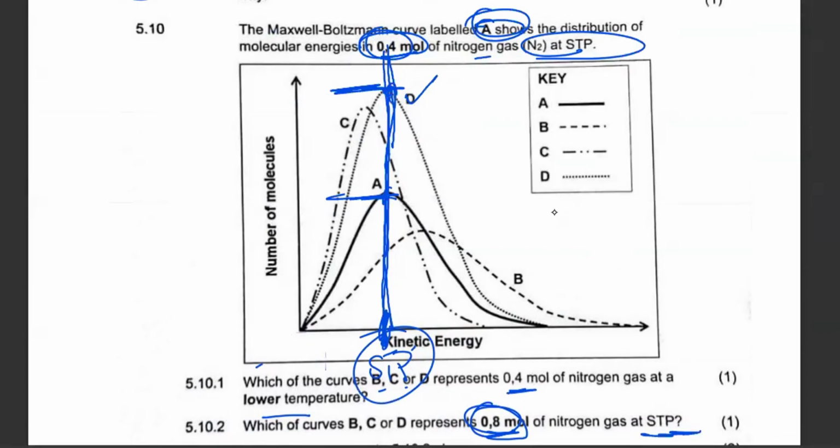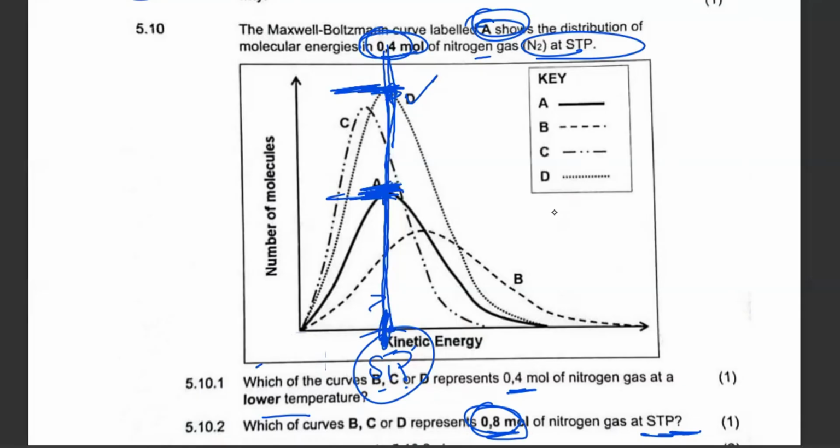So as graph A shows, the temperature is the same. The area under graph D is double. You see, from here to here is half, so it means that D is doubled.